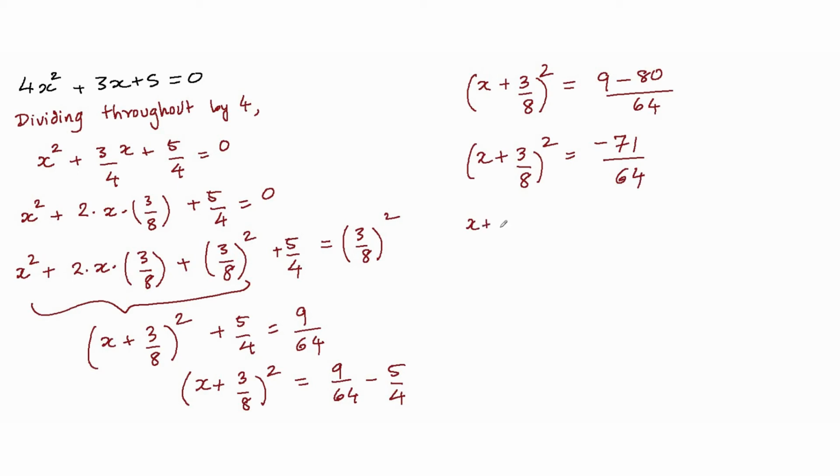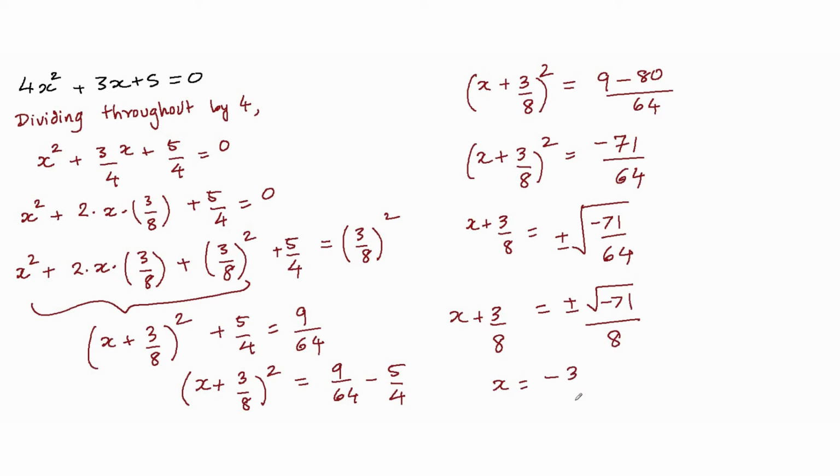And therefore x plus 3 by 8 is square root of negative 71 by 64. This means I cannot find the square root of a negative number, right? So this is plus or minus root 71 by 8, which means x is negative 3 by 8 plus or minus root of negative 71 by 8.